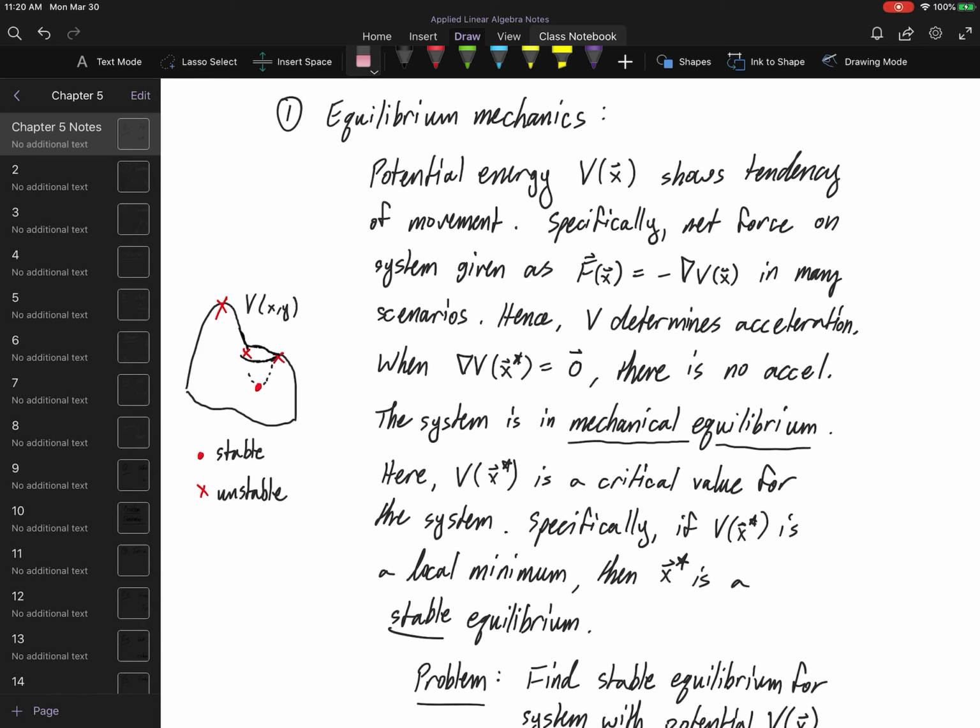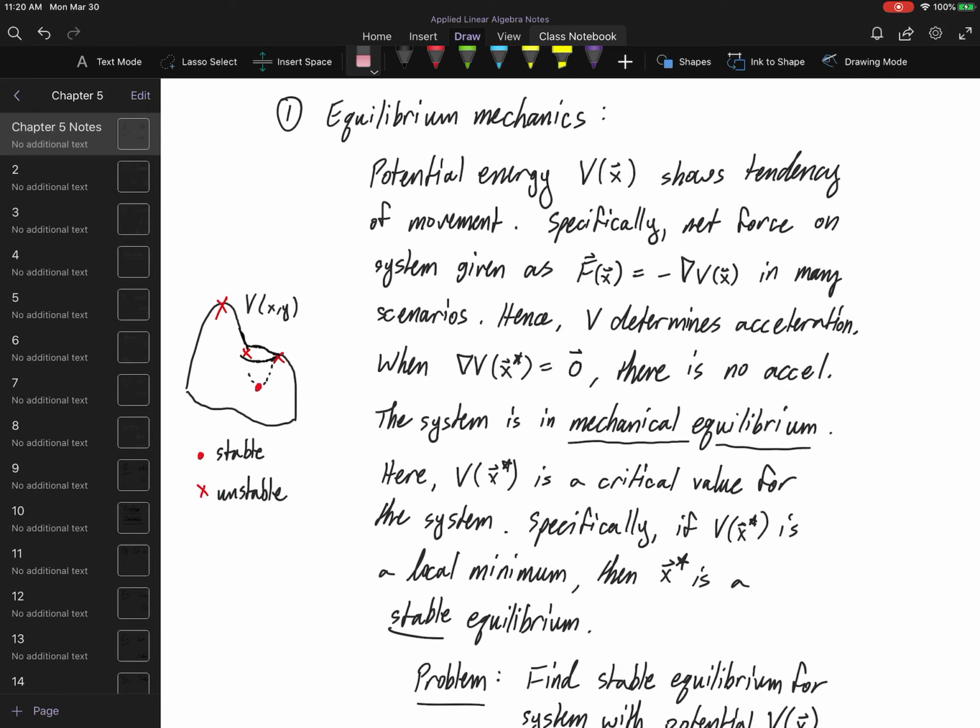So in this sense, the potential function is going to determine the acceleration of whatever particle we're dealing with. And specifically, when the gradient is 0 at a specific location, there is no acceleration, and the system is in mechanical equilibrium. It's not that the velocity is 0, it's just that the velocity isn't changing.